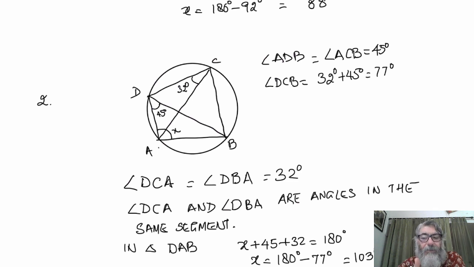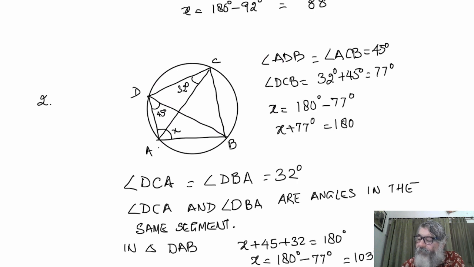Hence it is a cyclic quadrilateral. So X will be 180 minus 77 because opposite angles of a cyclic quadrilateral are supplementary. That is, X plus 77 will be equal to 180, or X will be 180 minus 77, that is 103.